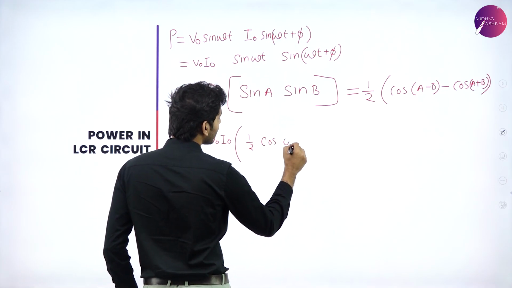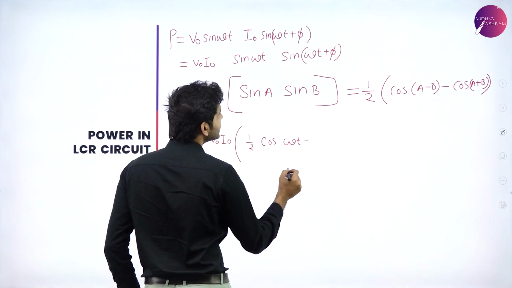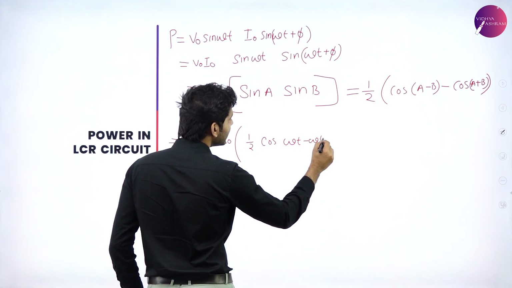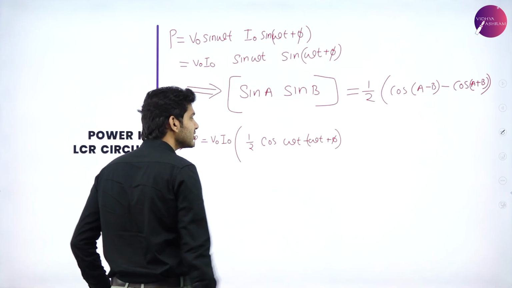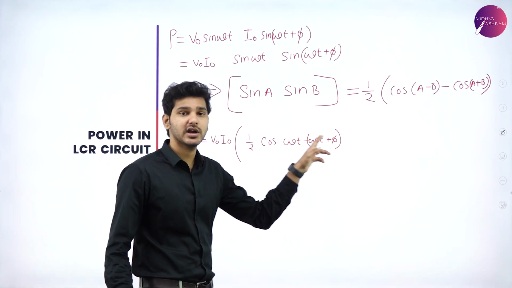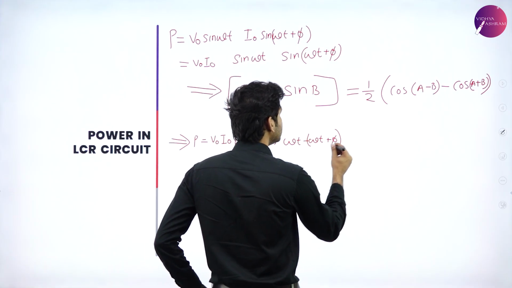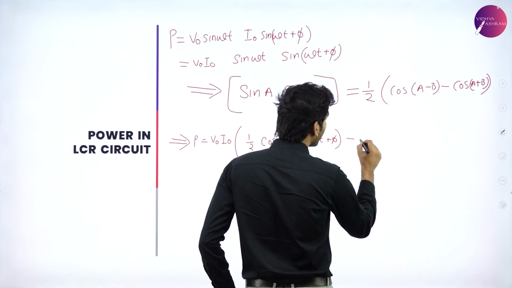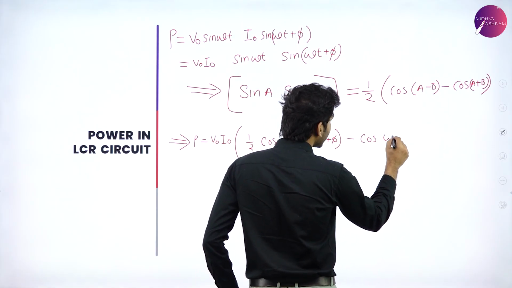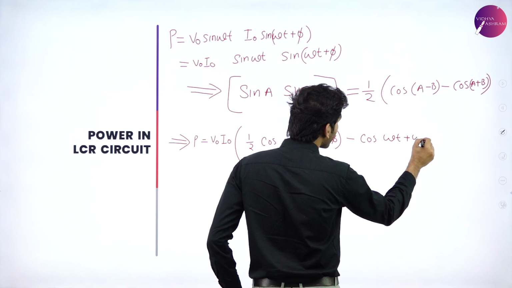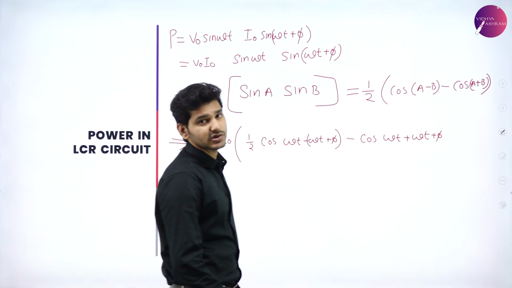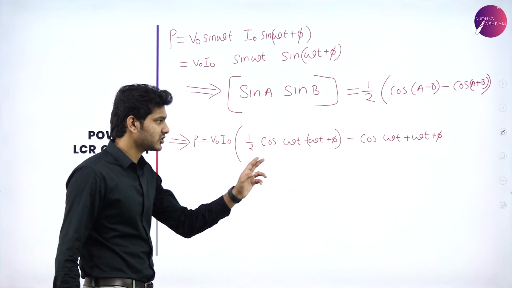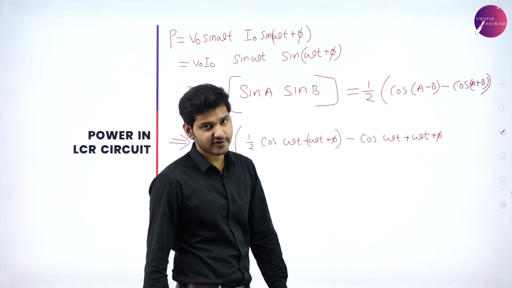That means cos(omega t minus omega t plus phi) minus cos(omega t plus omega t plus phi). So I can write it like this, so cos(omega t plus phi).